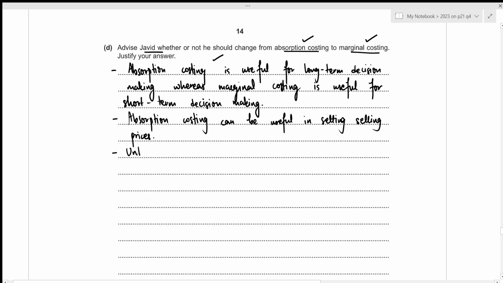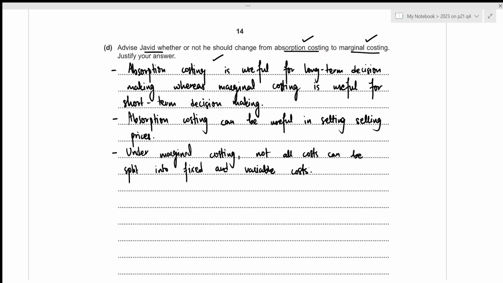Then under marginal costing, not all costs can be split into fixed and variable costs. Okay, that's 4 points. We still need 2 more.